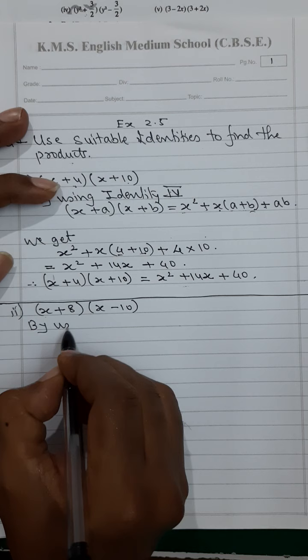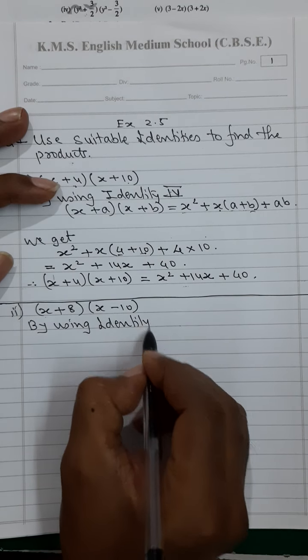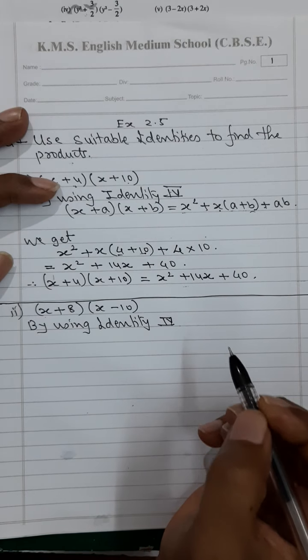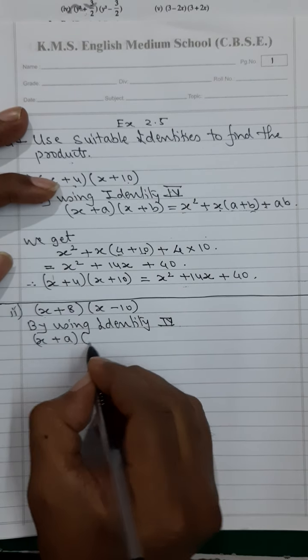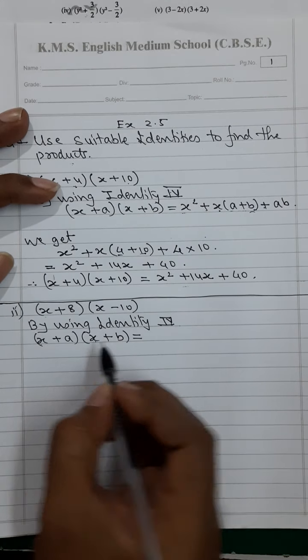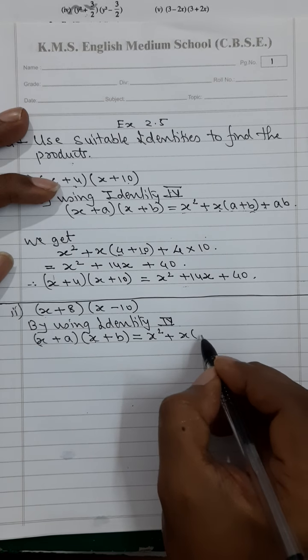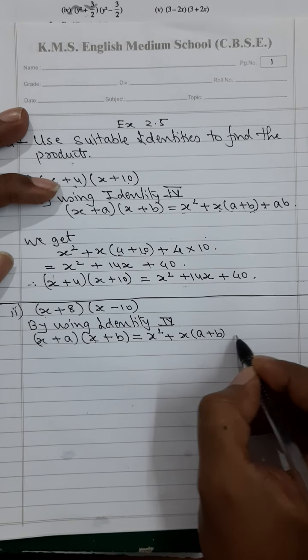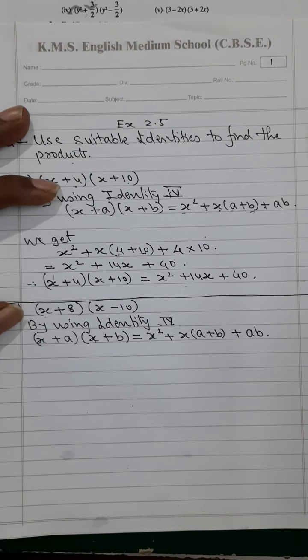By using identity 4, which says x plus a into x plus b, square of the first term plus first term into sum of the second terms plus product of the second terms. This is the identity.